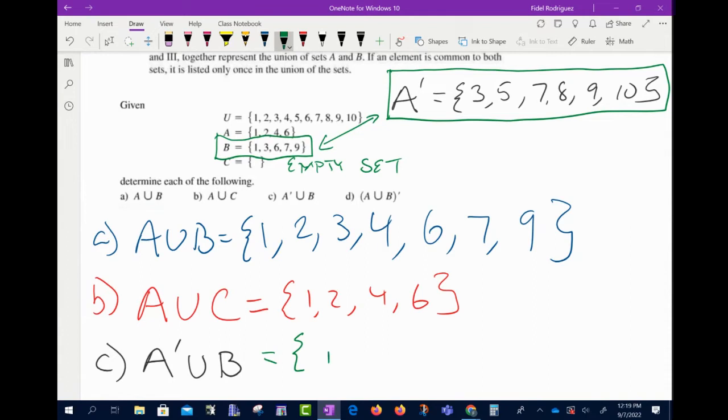And then the next one is what? Do we have a 2? No, but we have a 3, 5, 6, 7, 8, 9, and 10. There we go. All right, and there's our A complement union B. All we did, y'all, is put those two sets right here. These two sets, we just threw them all in together.